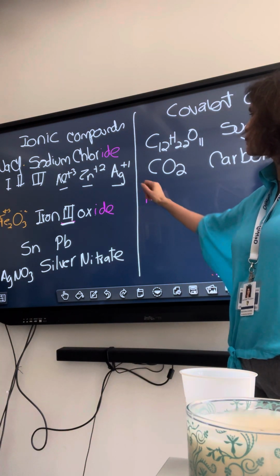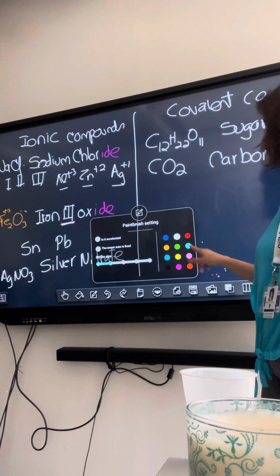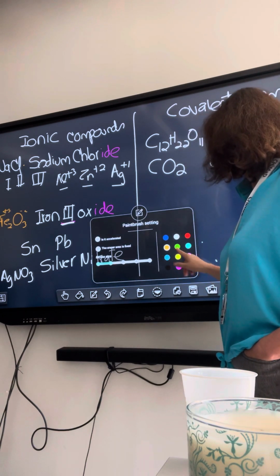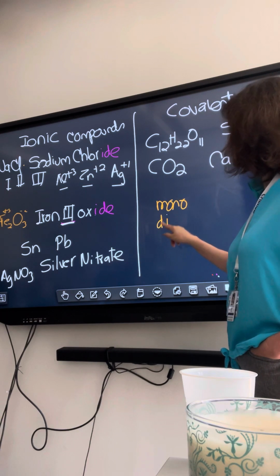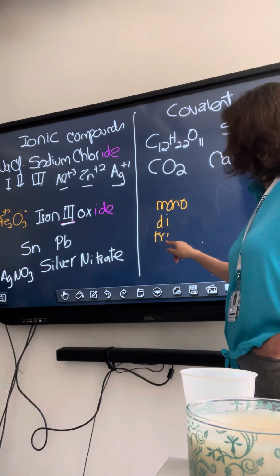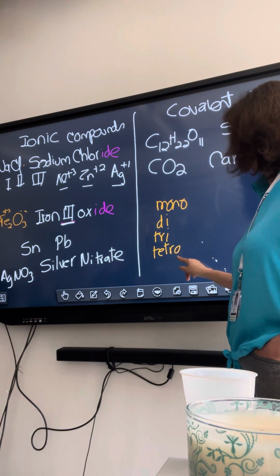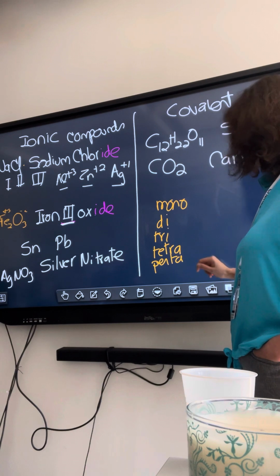So for one, what is it? If you have only one, how do you call that? Mono? For two? Mono, di, tri. Okay, so you're all good at this. What else?